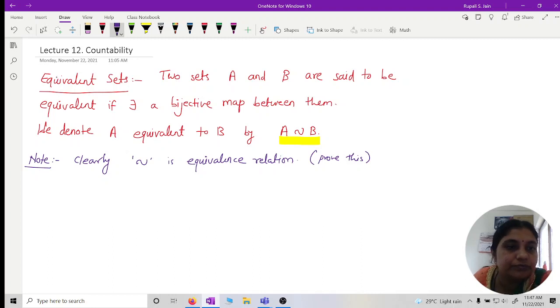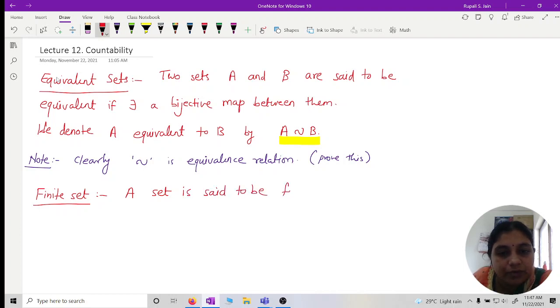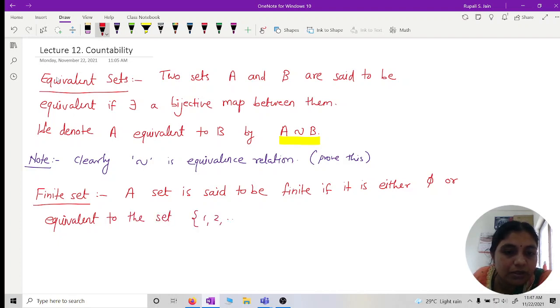Okay, next definition: finite set. A set is said to be finite if it is either empty or equivalent to the set {1, 2, 3, up to n} for some natural number n.